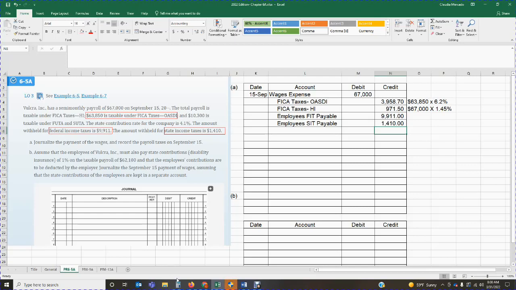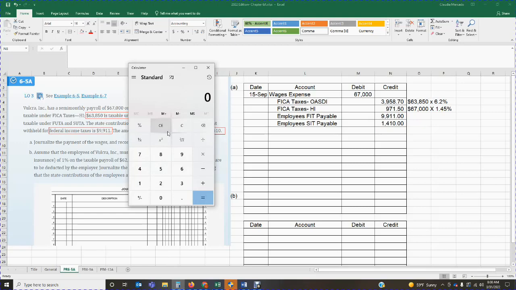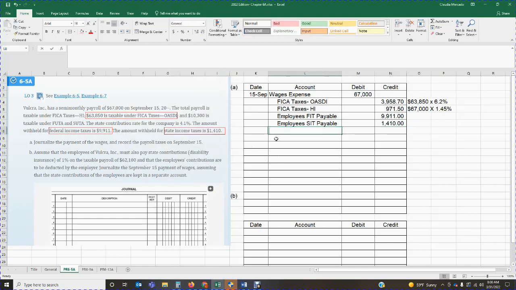I'm going to deduct the $39,58.70 for my OASDI, the $971.50 for my HI, the $99.11 for my federal income tax, and the $14.10 for state income tax. So the amount that's actually going to get paid to my employees is $50,748.80. That is the actual cash.